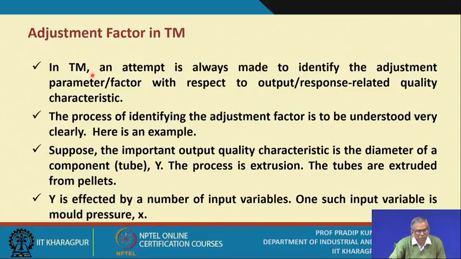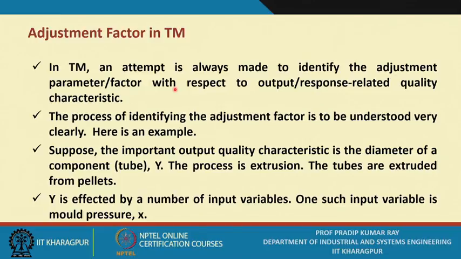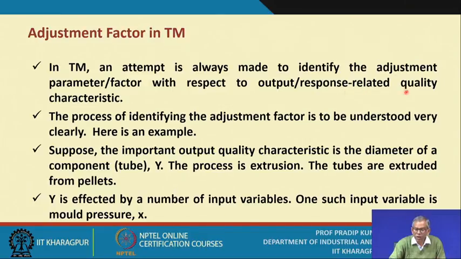So, in Taguchi method, an attempt is always made to identify the adjustment parameter or factor. That means for any exercise, assignment or project under Taguchi method, the first objective will be whether you are able to identify the so-called adjustment parameter or factor or not.